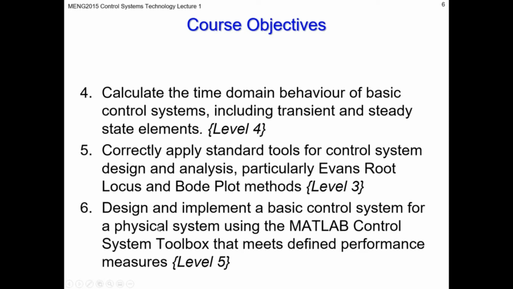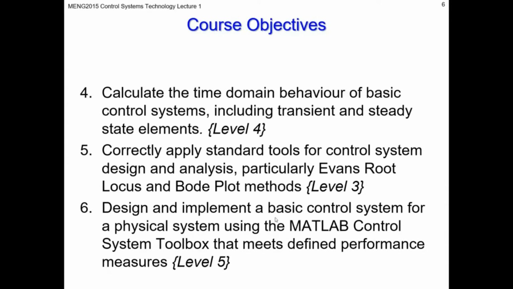All right, number 6. By the end of this course, you should be able to, this is like the pinnacle, design and implement a basic control system for a physical system using the MATLAB control system toolbox that meets defined performance measures. Those performance measures are things like, if the input to a system goes from 0 to 1, we call that a step input, an immediate demand on the system.